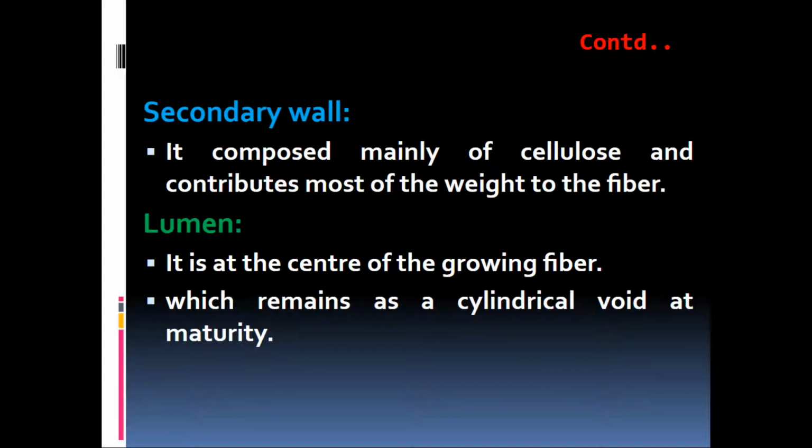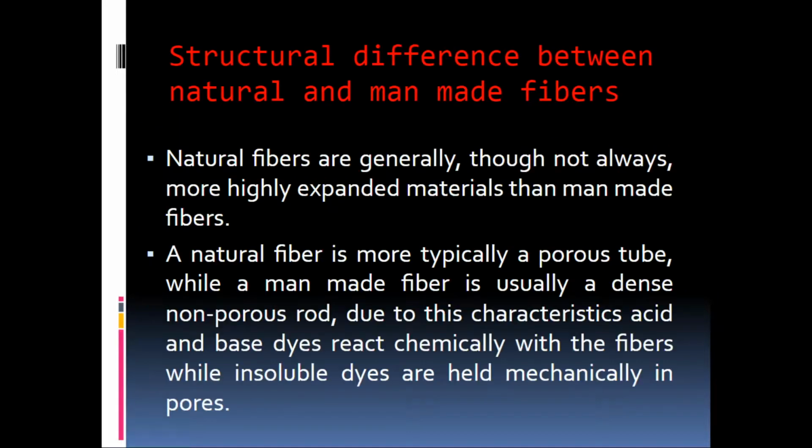And the secondary wall is also composed mainly of cellulose and contributes most of the weight to the fiber. And the lumen is at the center of the growing fiber, and it remains as a cylindrical void at maturity.